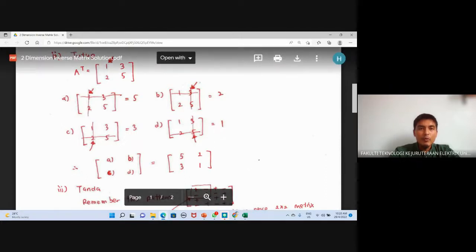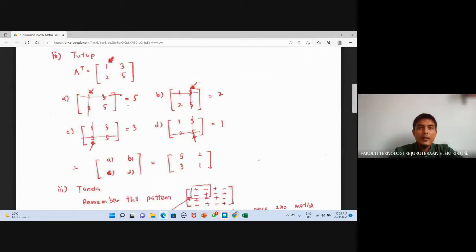Tutup 1. And then you cross out 1 and 2 and see what is the number left. The number left is 5.